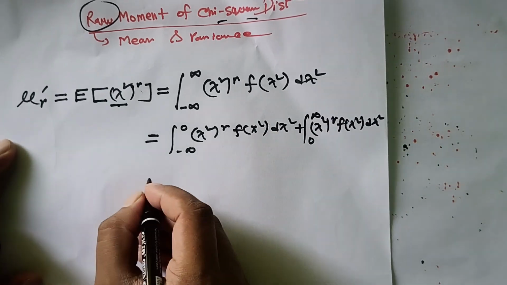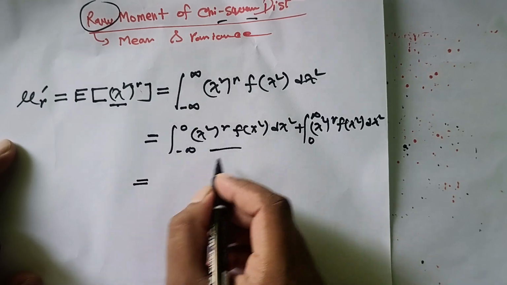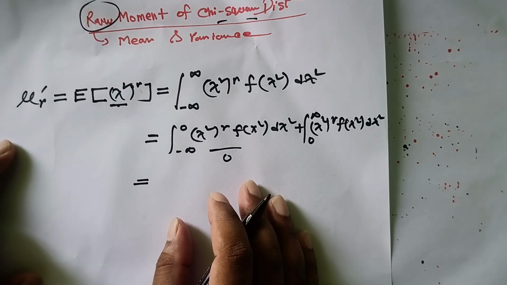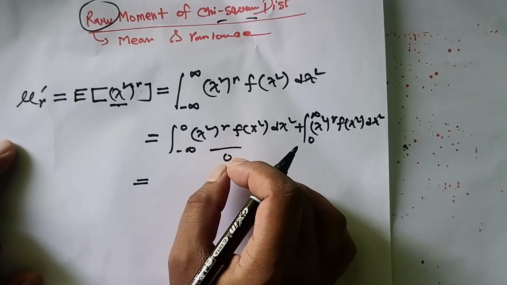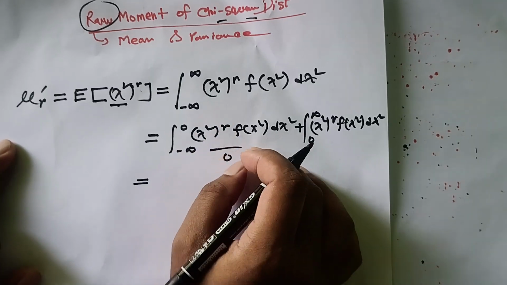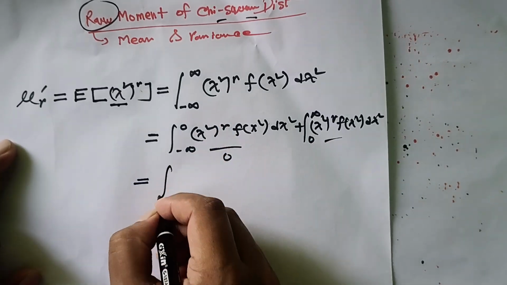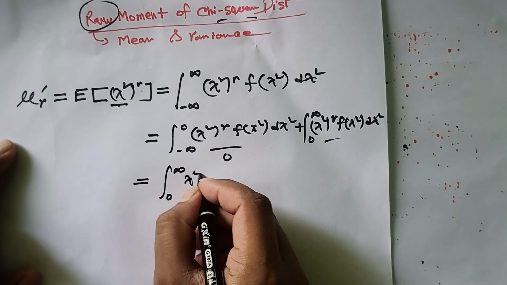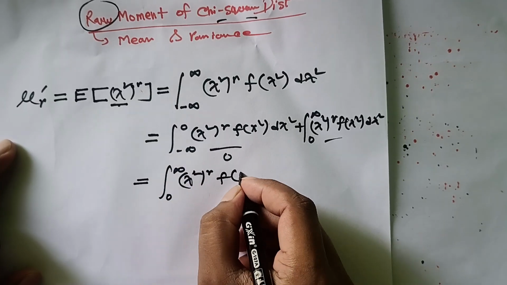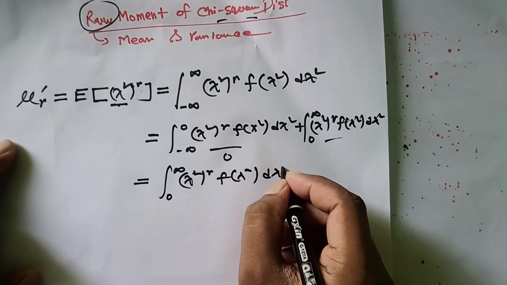This part will give a value 0. I'm not showing you here, but if you calculate this part, it will be 0, so we will live with this one: 0 to infinity chi-square to the power r, f of chi-square d chi-square.